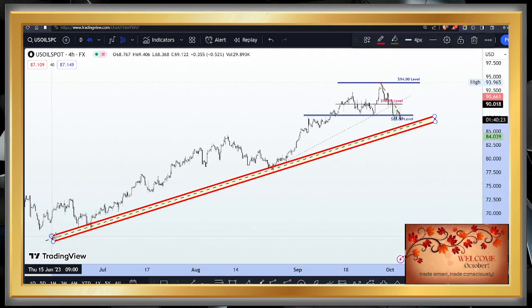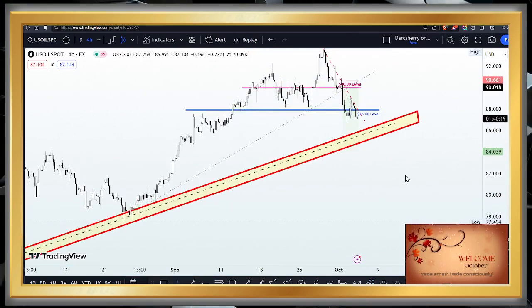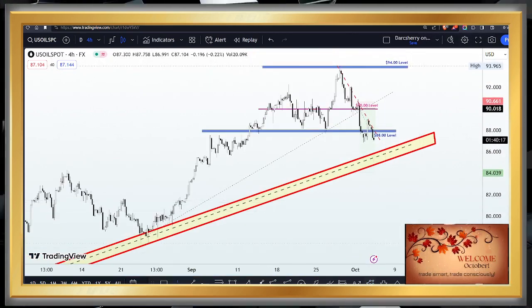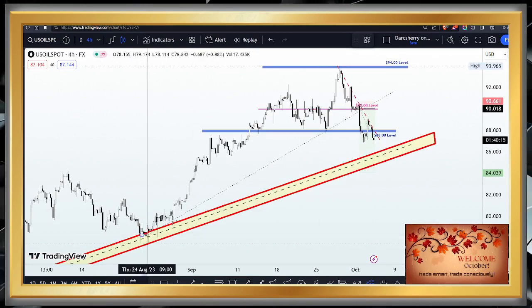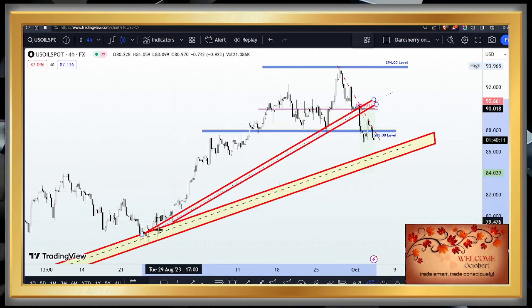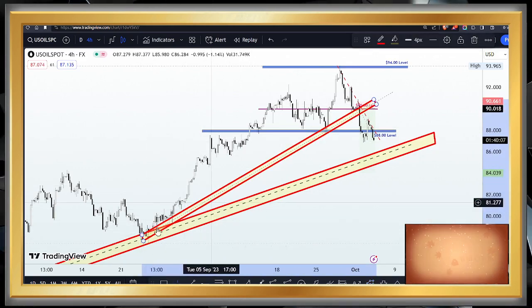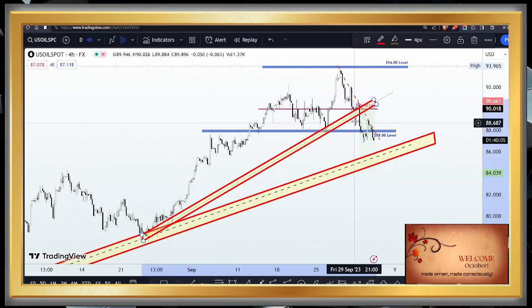However, something interesting happened at the beginning of last month as we saw a deviation from that ascending trend line, as we saw a new one come up here, and throughout the course of the month of September, this trend line was respected and guided this bullish momentum.